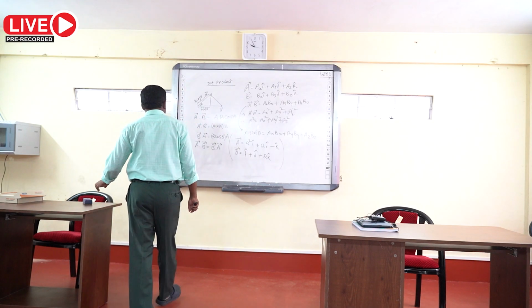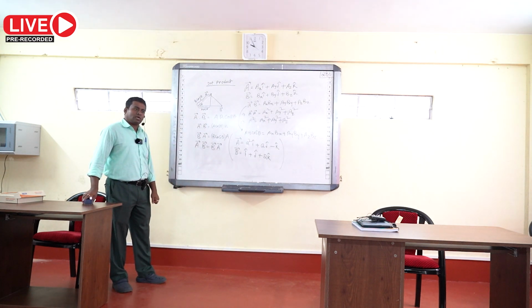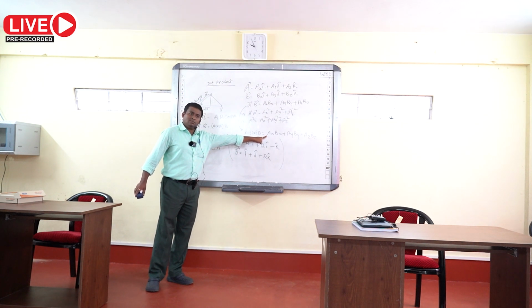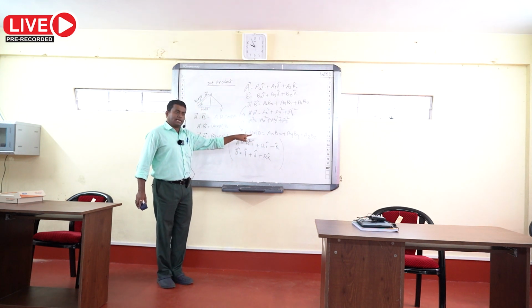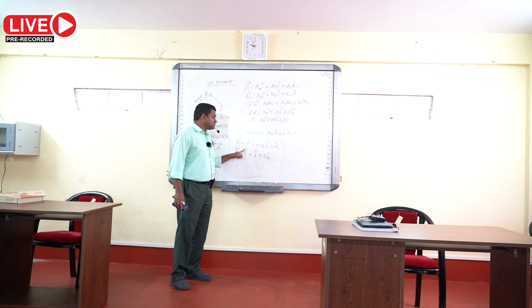See, how to solve this problem? First you have to do the dot product by this rule: AX BX. Now what is AX in this case? A square. BX is 1. So the first term AX BX will be a square into 1, that is a square.